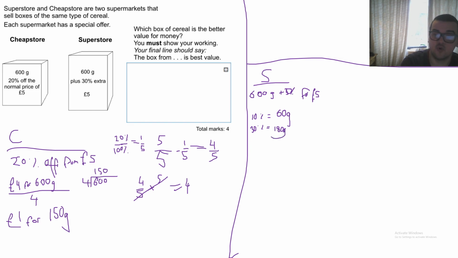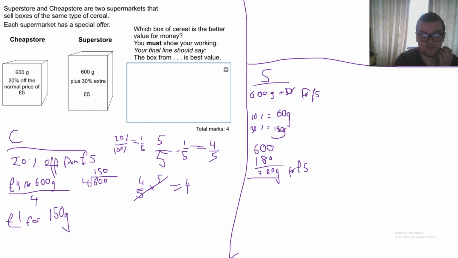There we go, we're on to a winner. So we're going to add that to our 600. 600 plus 180 equals 780. So we have 780 grams for £5.